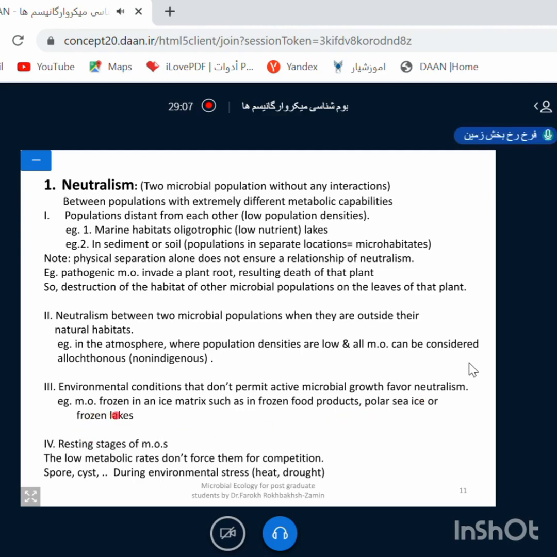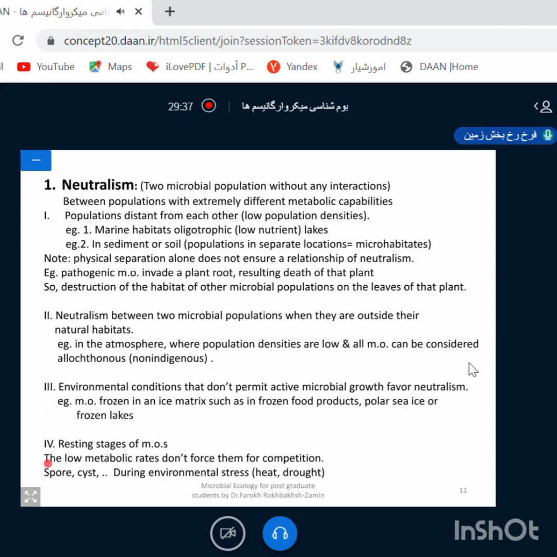For example, microorganisms frozen in an ice matrix, such as in frozen food products, or microbes present in polar sea ice or frozen lakes. Conditions that don't permit active microbial growth favor neutralism.